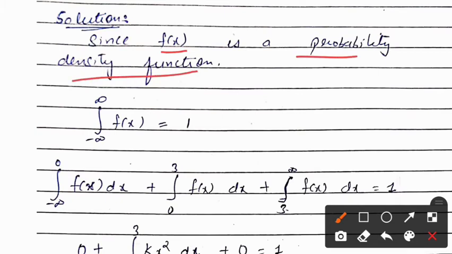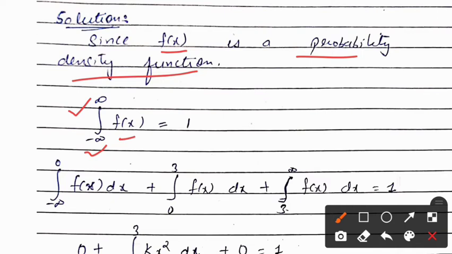So whenever f(x) is a probability density function, this is the equation: integral from minus infinity to infinity of f(x) dx equal to 1. As in our previous example, for probability density function, we have proved that the value over the interval is equal to 1. So whenever you are told that f(x) is a probability density function, then the integration of minus infinity to plus infinity f(x) dx is always equal to 1.